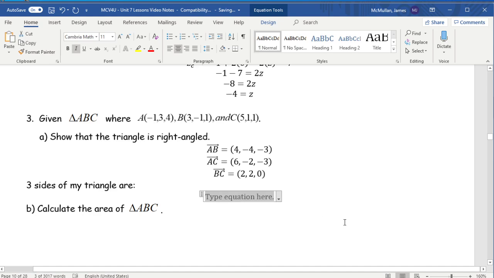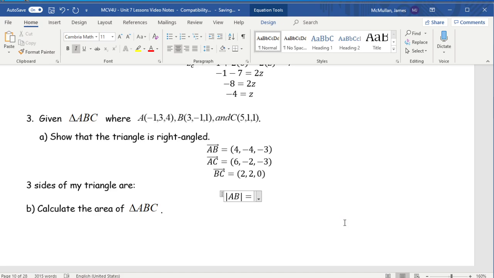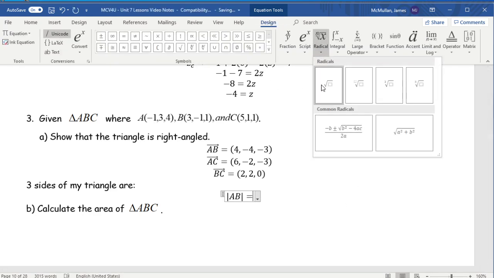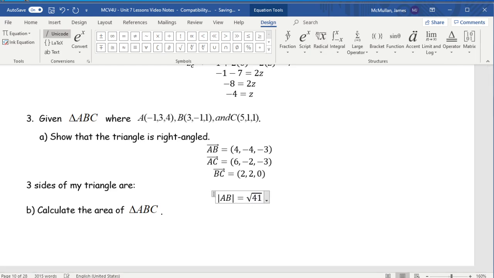Okay, the three sides of my triangle. So the magnitude AB would be 16 plus 16 plus 9, which is 32 plus 9 is 41. So square root 41.